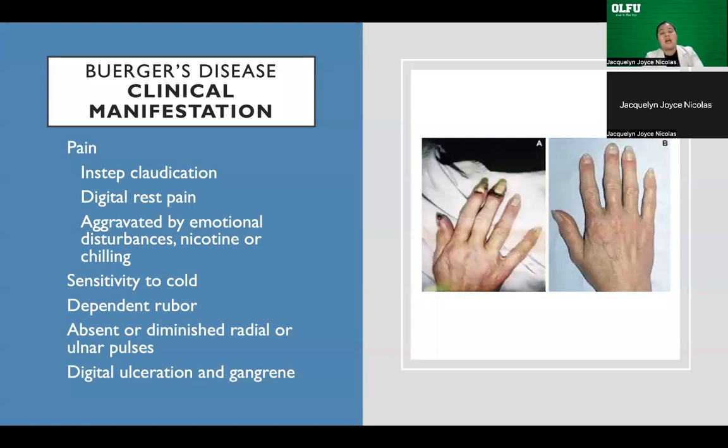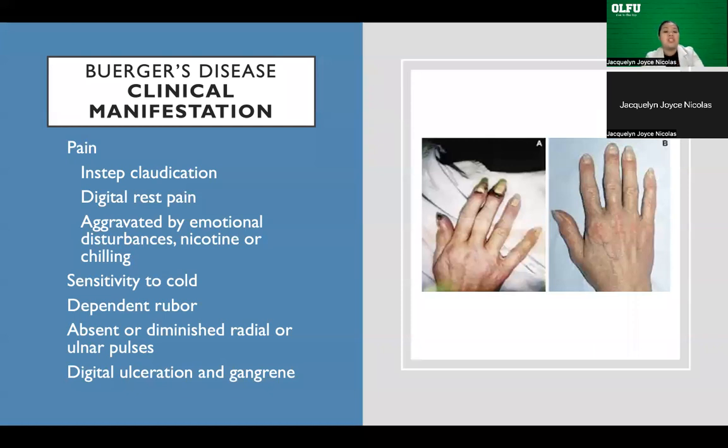Ibig sabihin, if the patient is lying on their left side, then the left side is actually quite red. Okay? So that's dependent rubor. There can be absence or diminishing radial or ulnar pulses. Again, common ito sa kamay. Okay, so the nearest pulse.